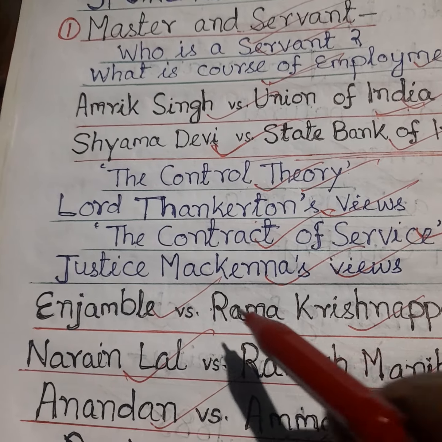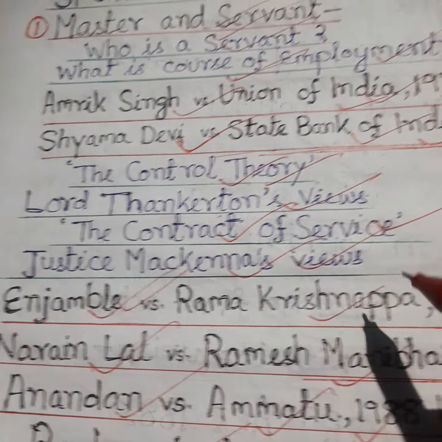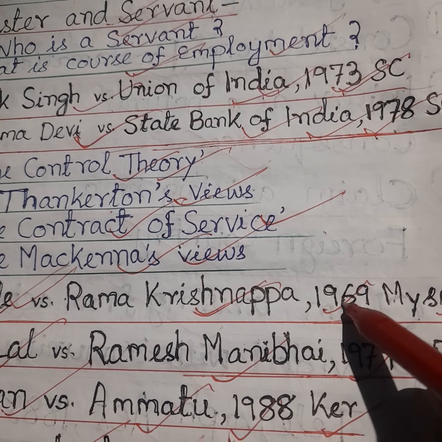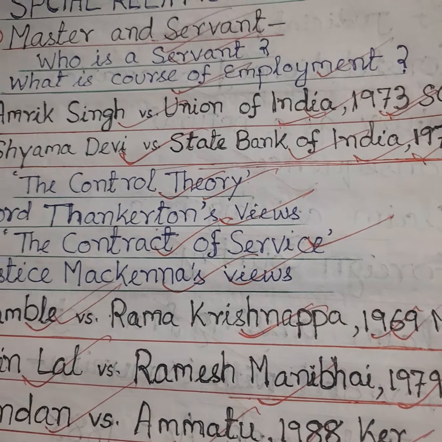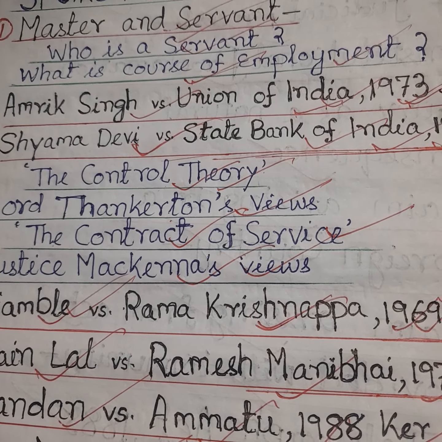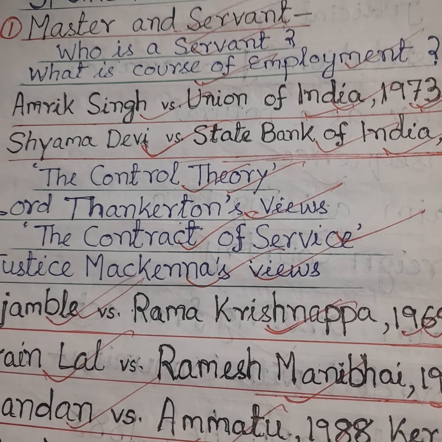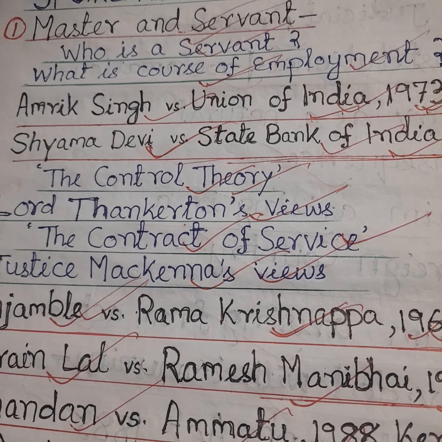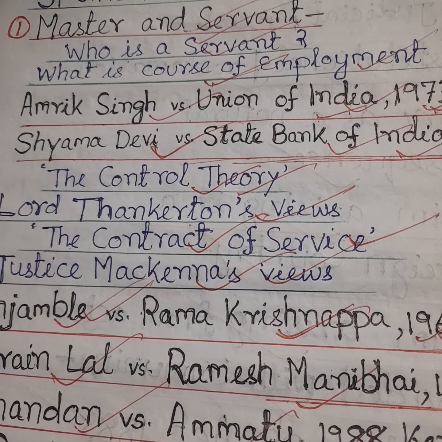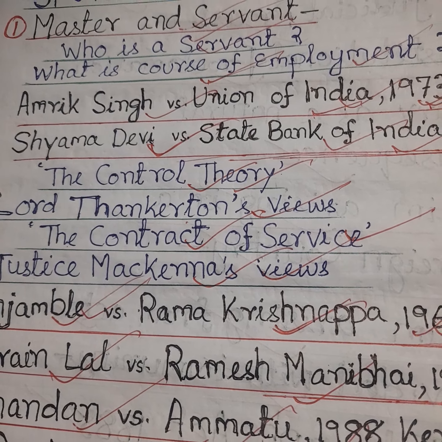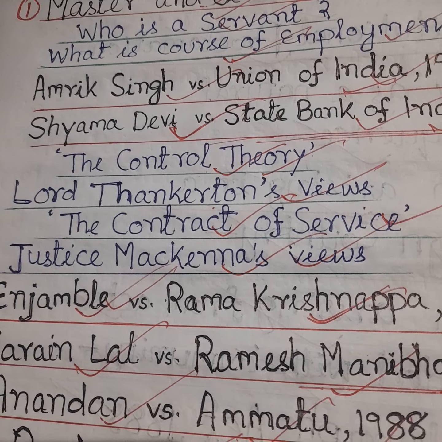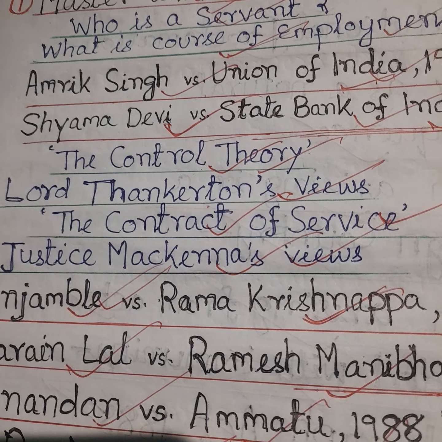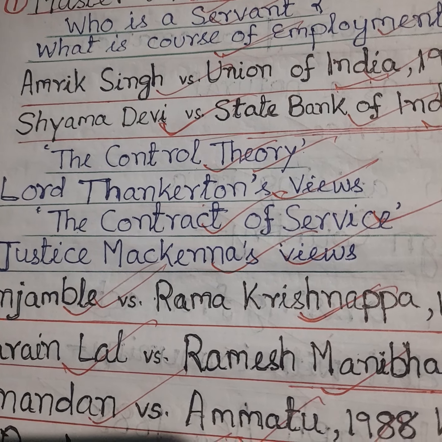In the leading case, Irjable versus Ram Krishnappa in 1969, the Mysore High Court observed that the relationship of master and servant to no extent depends upon the instrumentality through which the selection by the master is made.